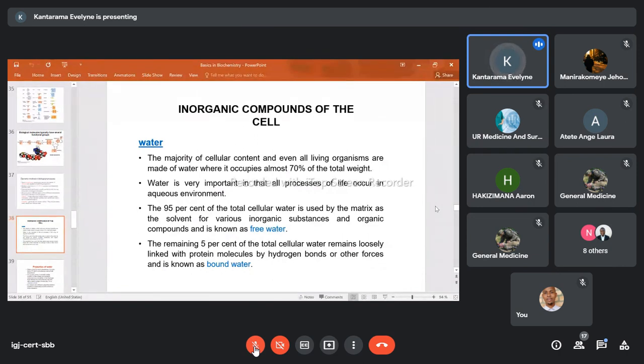The remaining 5% of total cellular water is linked to protein by hydrogen bonds, and is the bound water. So water found in the cell that is the soluble solvent part is free water. And there's another part of water bound in molecules by hydrogen bonds with proteins, carbohydrates and so on. These are bound water.